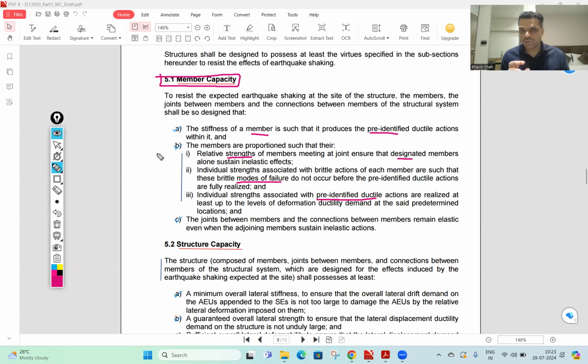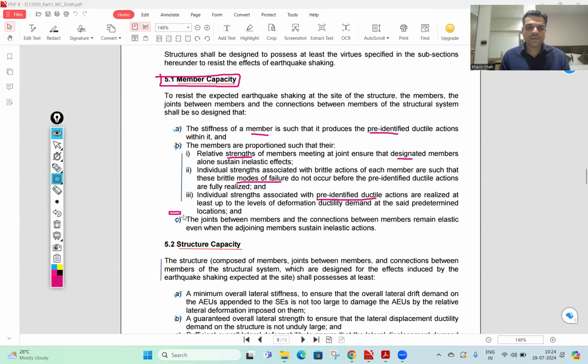That is one of the questions I have. Meaning, if we are following all the clauses of part 2, then in addition to that, is it required to ensure requirements of this paragraph? If it is required in addition to part 2, then non-linear analysis will be required for all building type structures. So I think that's where more clarification is required for this paragraph, which is the member capacity.